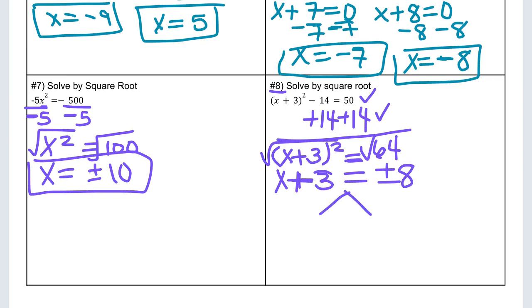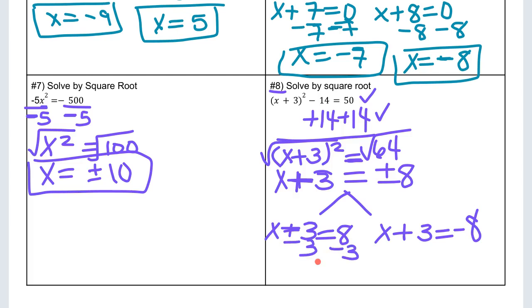Split into two equations for two solutions. x plus 3 equals 8. x plus 3 equals -8. Solve by subtracting 3 on both sides. x is 5.